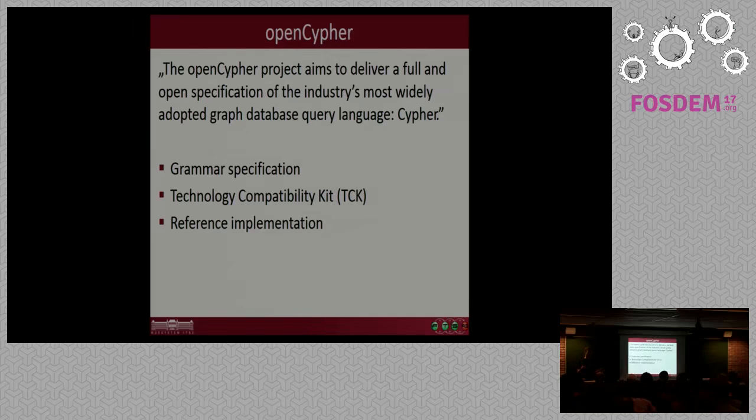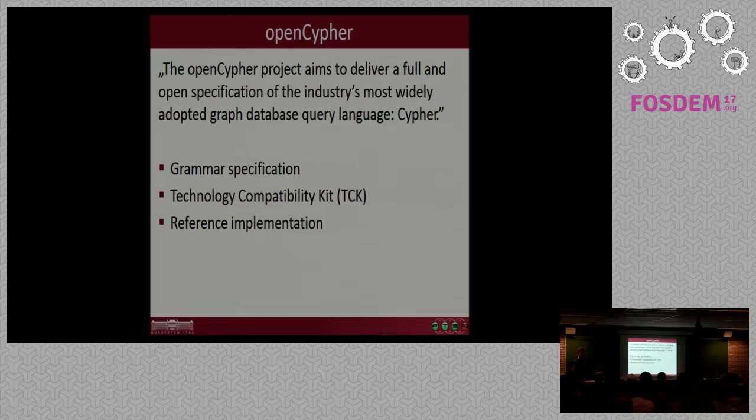This comes with the obvious advantages that users will not be afraid of getting locked in with a specific vendor. Instead, they can rely on the grammar specification and the reference implementation, and the openCypher kit also provides a so-called technology compatibility kit, which allows developers to test whether their own openCypher-compliant engines really comply with the rules of the openCypher language.